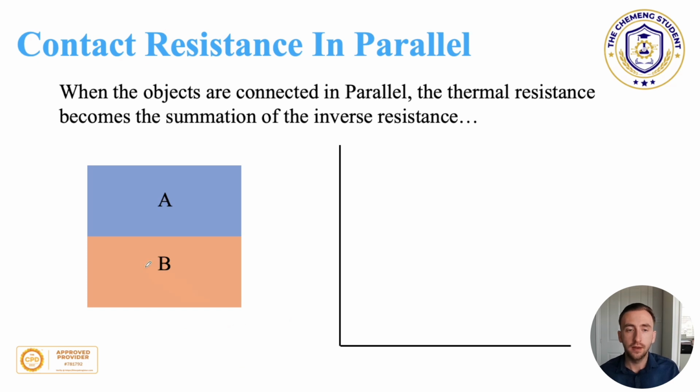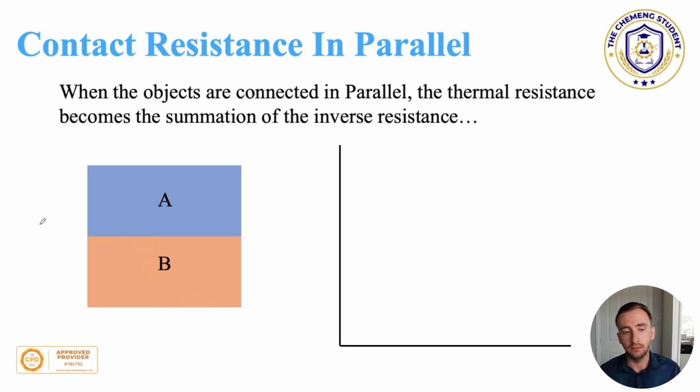So if we take a look at the distinction between contact resistance in parallel and in series, then the contact resistance in parallel is essentially expressed as the summation of the inverse of the resistance. Now what does that mean?